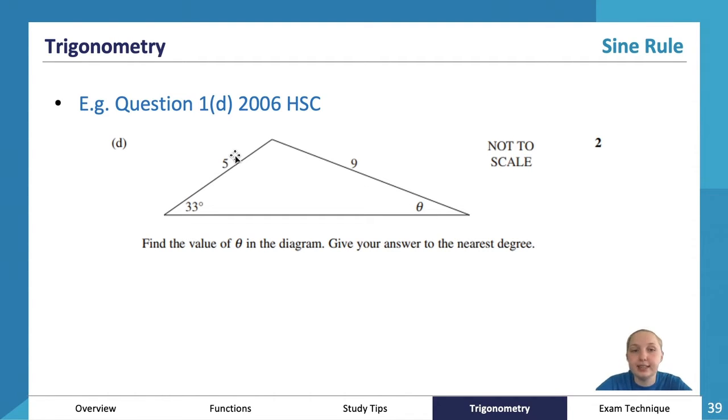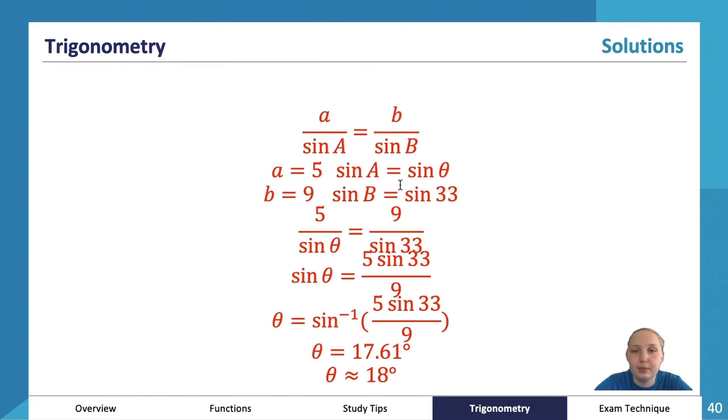Another way to think about this is the length of the side which the angle does not touch. You see this angle is formed by the length of this side and the length of this side, but the length that we care about is the one that it does not touch. So if this is sine A, then 5 is going to be our little a. If we have sine of 33, then 9 is going to be our little b.